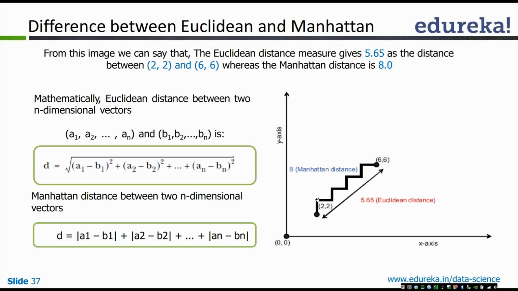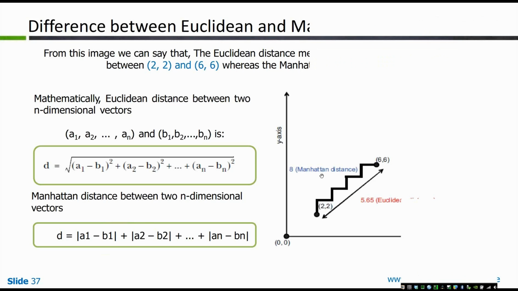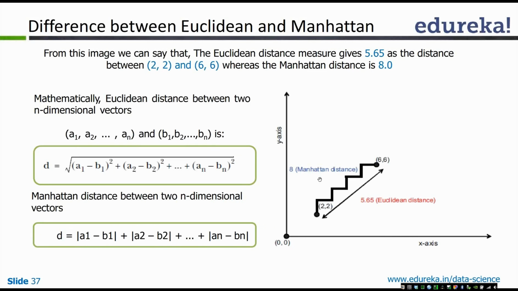You go from here to the next intersection, and from there to another intersection, and keep going. This is like Chandigarh in India, the only planned city that we have, where all the roads are organized in a nice block-structured manner. What you get out of this equation is the number of blocks that you traverse to go from one point to the other, and that's why it's called block distance as well as Manhattan distance.